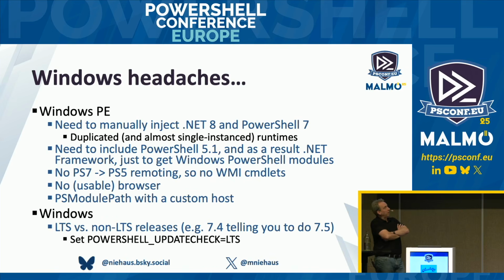When you're running your own custom host, it adds directories to the beginning of it, but they're relative to where your host binary is, not to where PowerShell 7 is installed. So we had to modify the path to put in the normal PowerShell directories so that we can run normal built-in commandlets as well. So lots of manipulations that we had to go through for that.